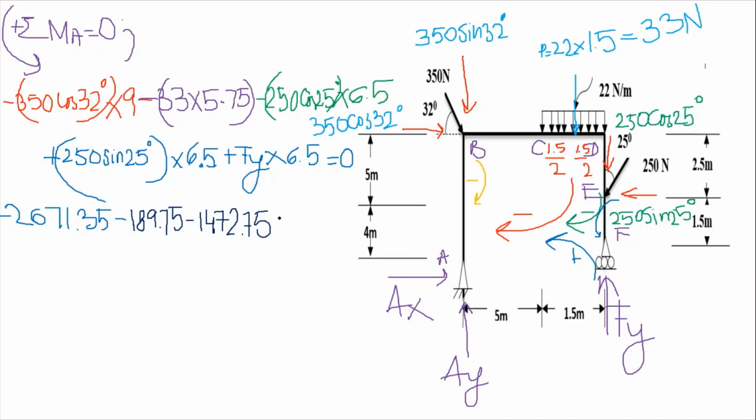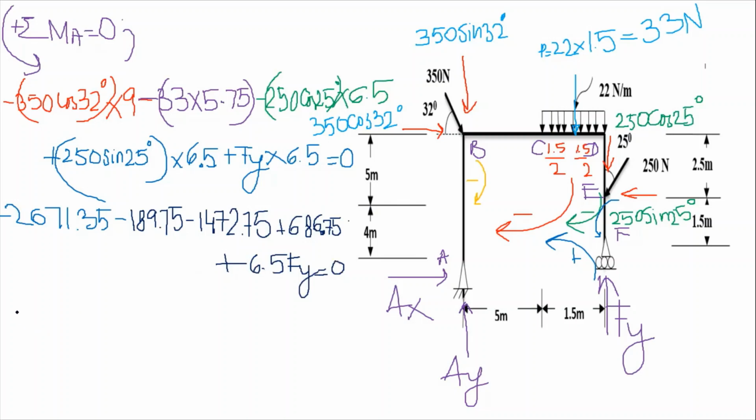So it is 686.75. It is plus, and I'm going to write it here, 6.5 Fy equals to 0.